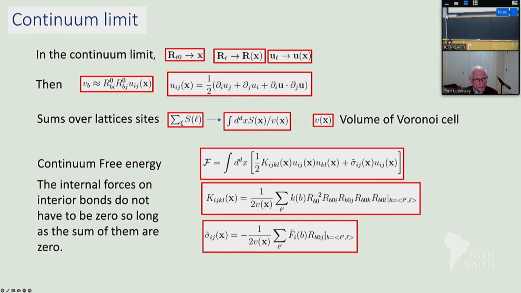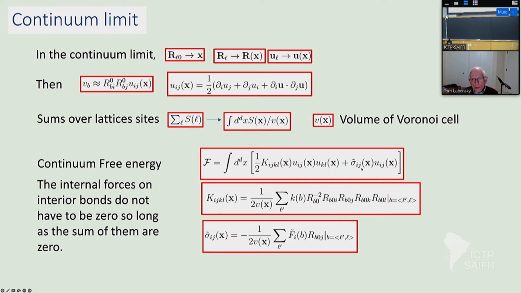L is basically not a length. It's just an indicator of a number. So that becomes the integral d^d x s(x) divided by v(x). And from that, we can then extract the elastic limit of the free energy. It's a half times the elastic tensor, which we could allow to depend on x itself, times u_ij(x), u_kl(x).